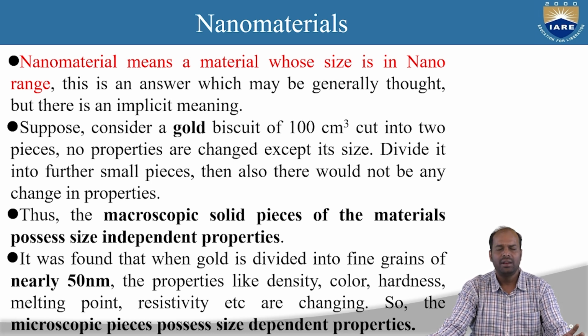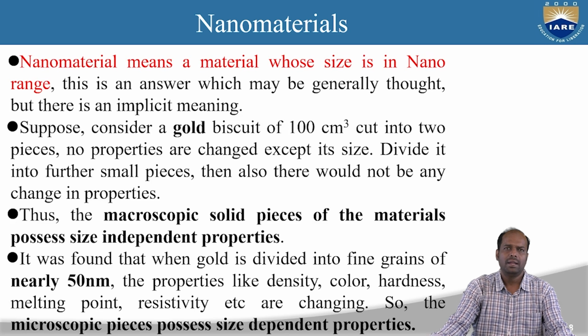Suppose we consider a gold biscuit of 100 cubic centimeters cut into pieces. No properties change except its size. Divide it into further smaller pieces, and still there will not be any change in its properties. Thus, microscopic solid pieces of the material possess size independent properties.